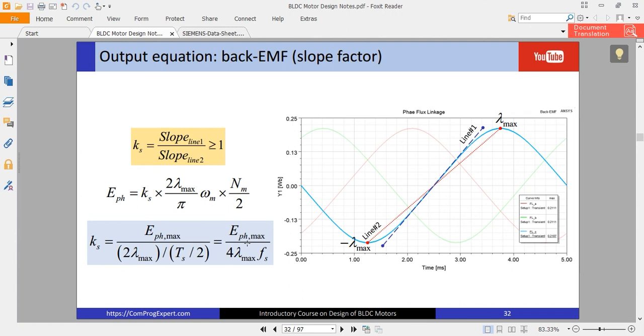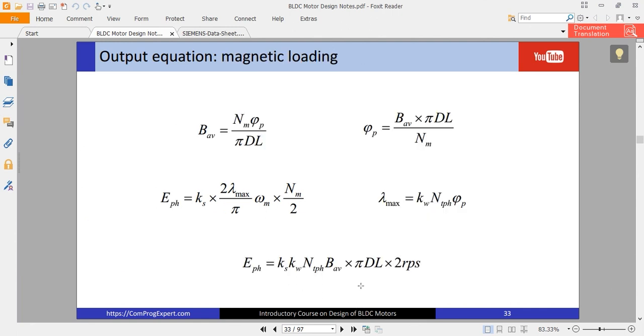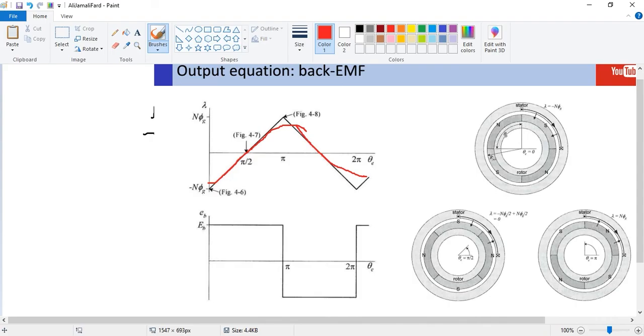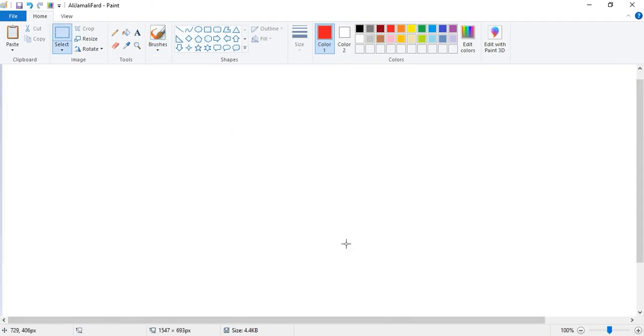So this maximum back EMF gives us a good idea, similar to a DC motor. In a brushed DC motor, we have a back EMF E, armature inductance, armature resistance, and terminal voltage.